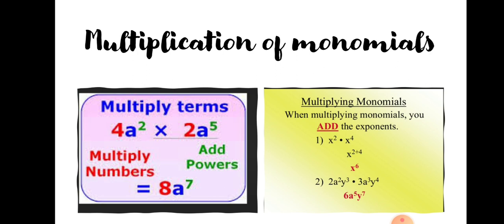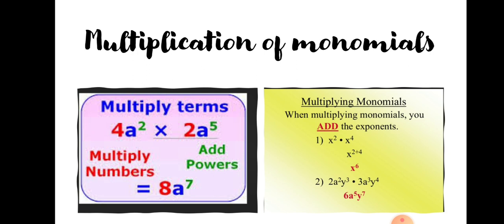Let us do one example. We need to multiply 4a squared into 2a raised to power 5. To multiply these two monomials, we will first multiply the numbers, so 4 into 2 is 8. Now you will multiply the variables.